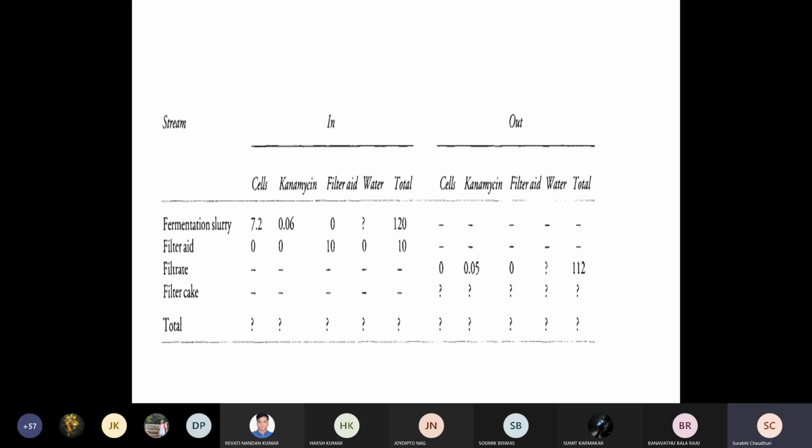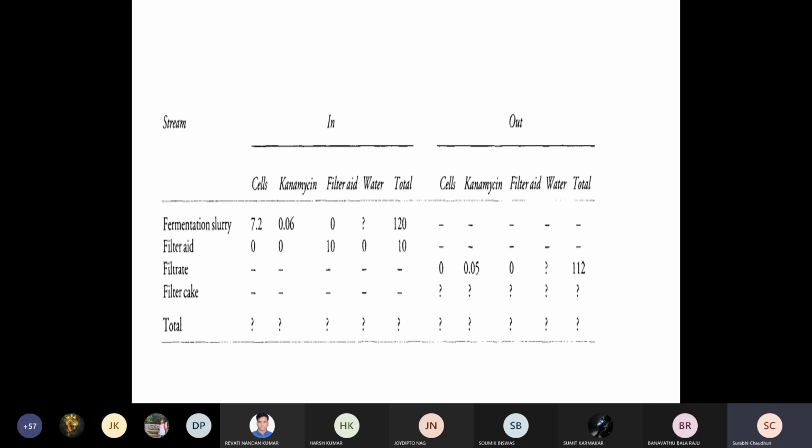In filter cake, cells, kanamycin, filter aid, water, we don't know. We do not know the total as well. But what we know is that the total of in should match with the total of out, isn't it?